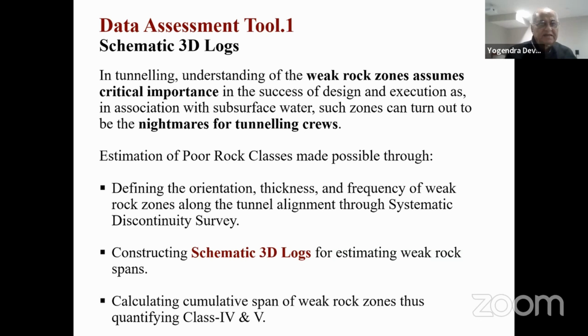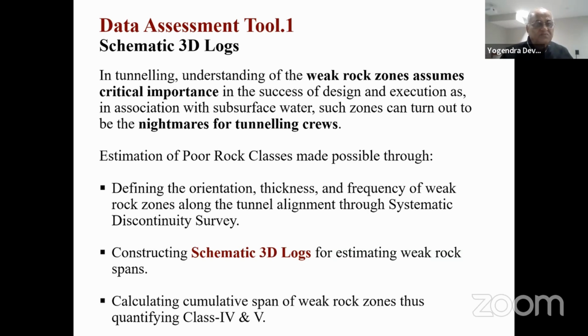Because in tunneling, understanding of the weak rock zones assumes critical importance in the success of design and execution, as in association with subsurface water, such zones can turn out to be nightmares for tunneling crews.